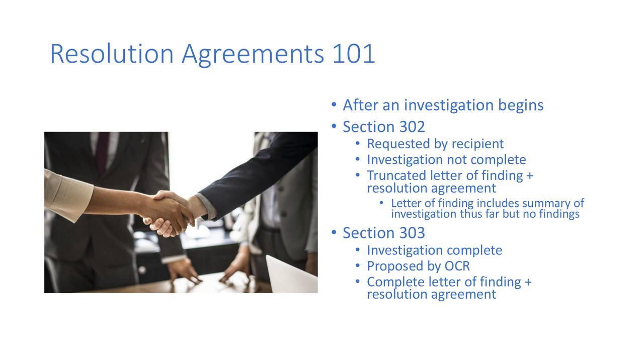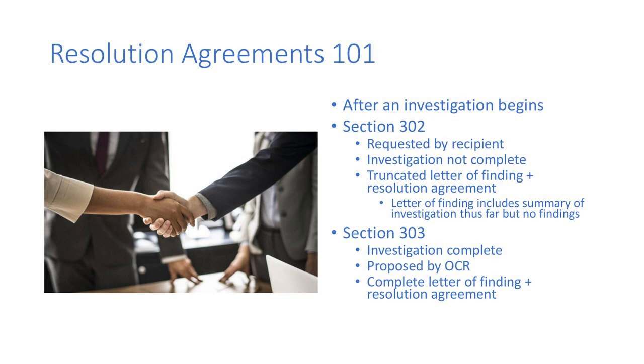Under a Section 302 resolution, a complaint may be resolved before the conclusion of an investigation if the recipient, the school, expresses an interest in resolving the complaint and OCR determines that it is appropriate to resolve the complaint because OCR's investigation has identified issues that can be addressed through a resolution agreement.